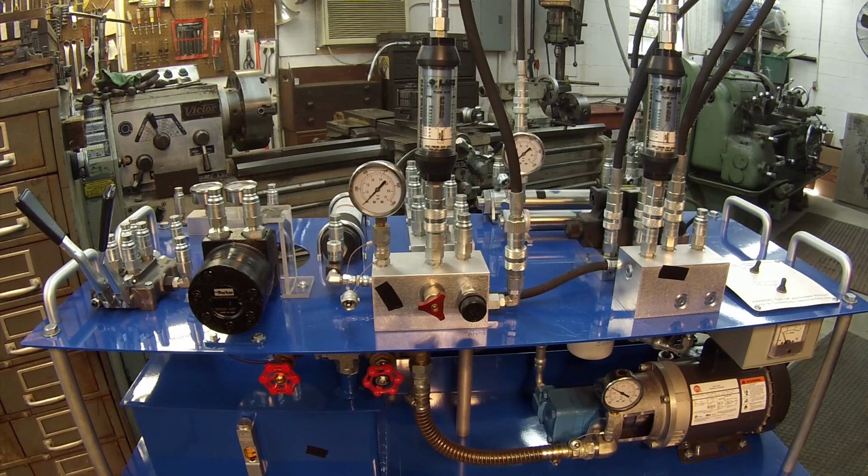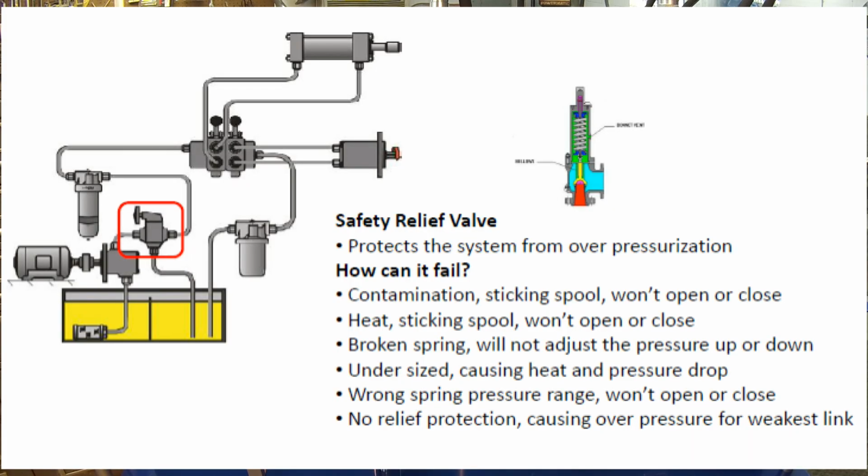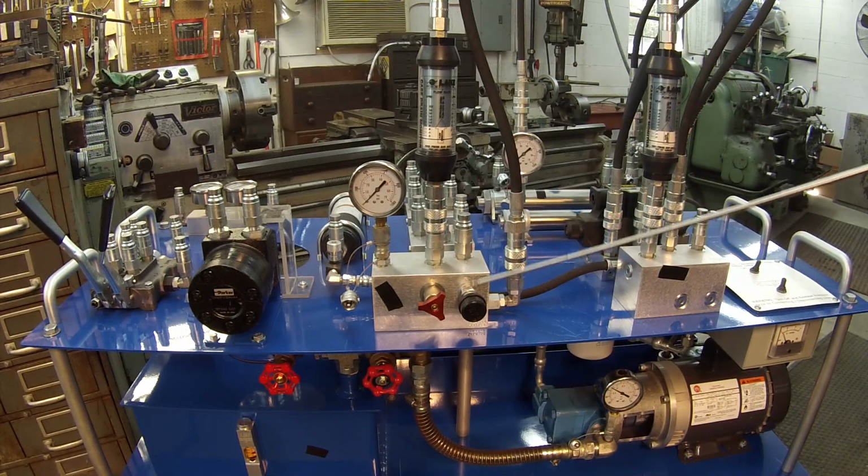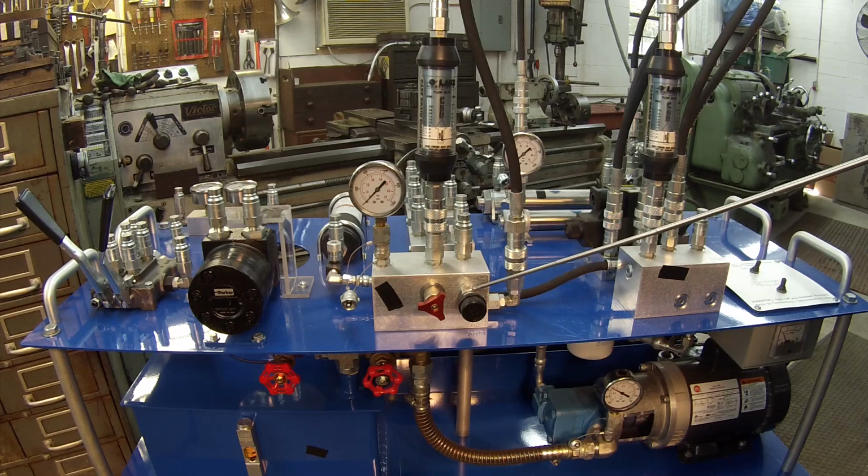Alright, some of the failure modes on a pressure relief valve are contamination. When it gets contamination in there, you have a spring inside that moves back and forth, and it doesn't move very well whenever it gets contamination in it. Another one is heat. As your system heats up, these spools inside here and even over here on your directional valve will start sticking.